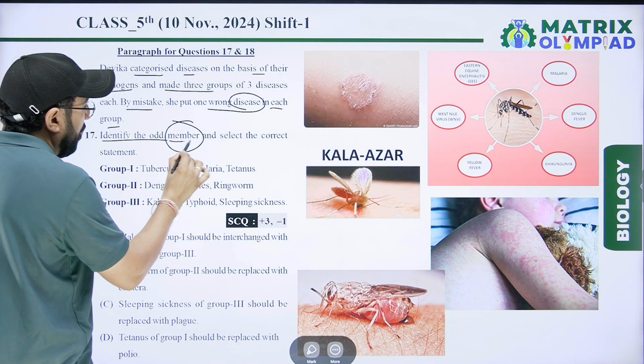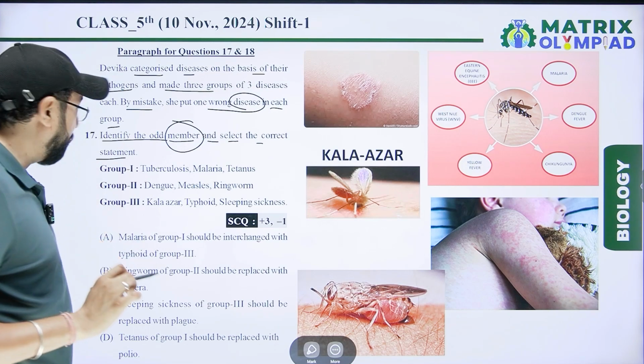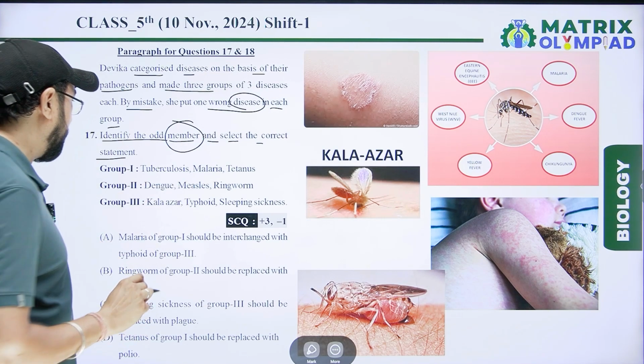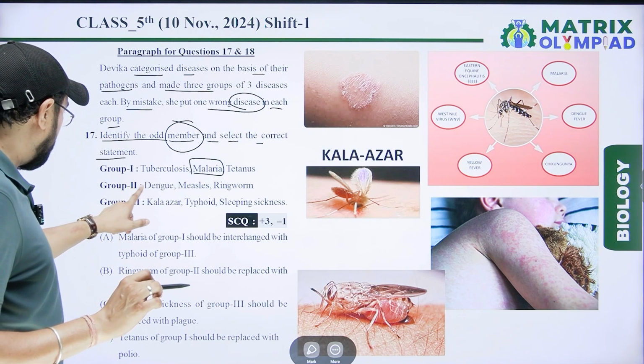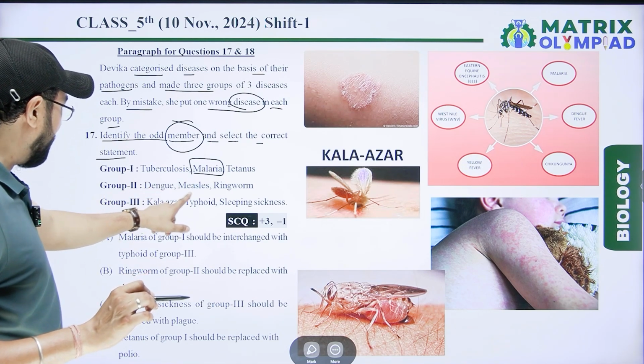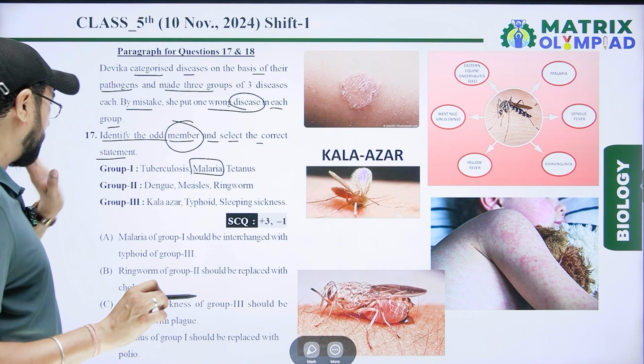Identify the odd member and select the correct statement. Group first, tuberculosis, malaria, tetanus. Next, group second, dengue, measles and ringworm. And third, Kala Azar, typhoid and sleeping sickness.